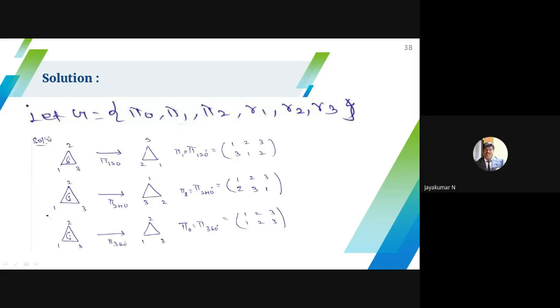If you rotate the equilateral triangle anti-clockwise 120 degree, the 1 goes here, then 2 goes here, then 3 goes here. So practically just do it yourself, then only you can visualize. Otherwise, next class I will show some video. Okay. So if you rotate, you can remember easily. If you rotate 120 degree, the labeling you are moving one to the next place.